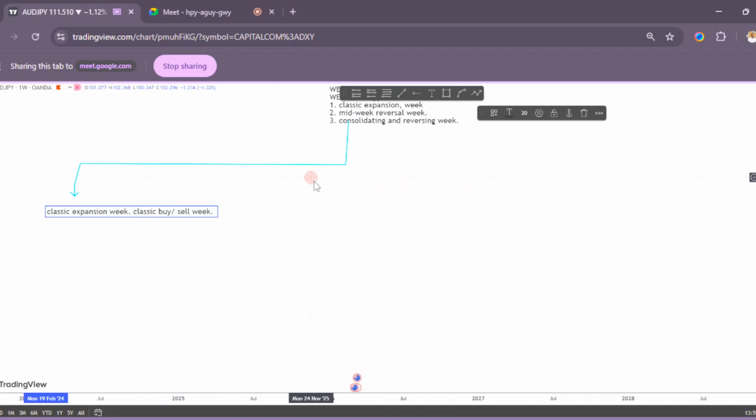The characteristic of this is that on Monday or Tuesday price makes the high. If it's a classic sell week, we expect Monday and Tuesday to make the high of the week.